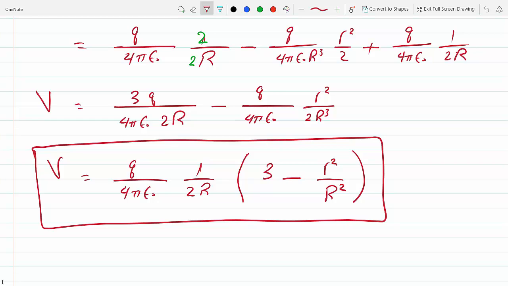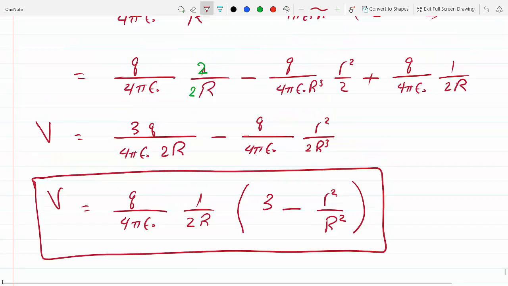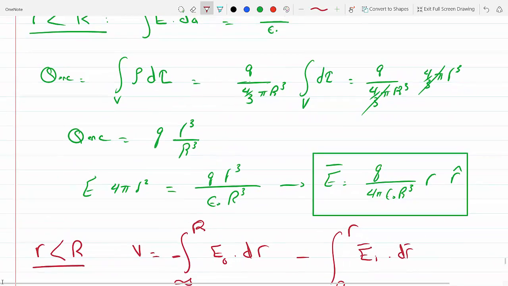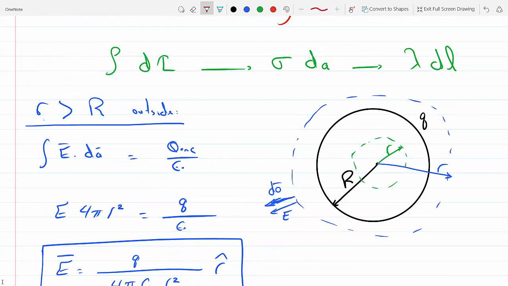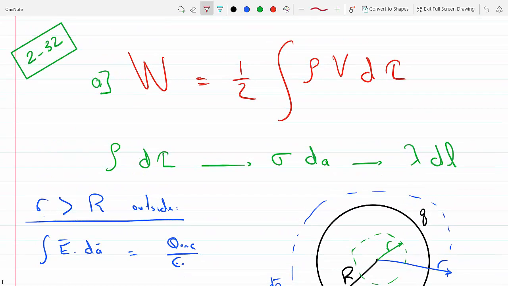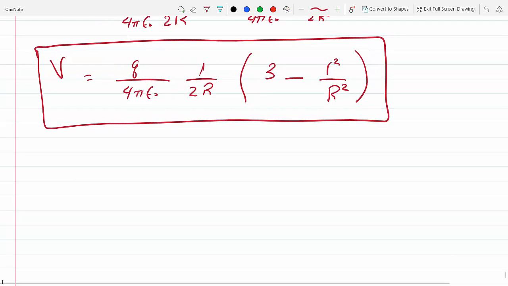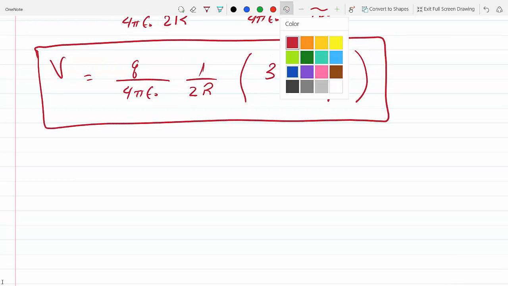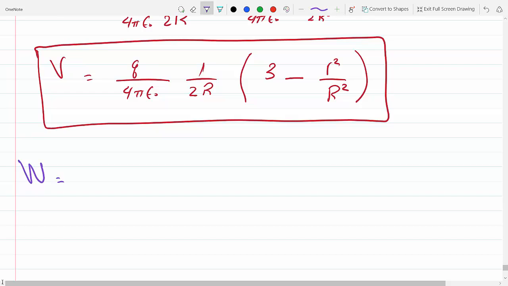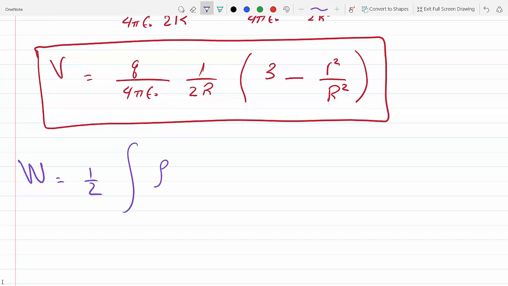And now that we have the potential inside, we can go back and plug it into the work formula. So we will get work is equal to 1/2 integral of rho V, this entire thing.